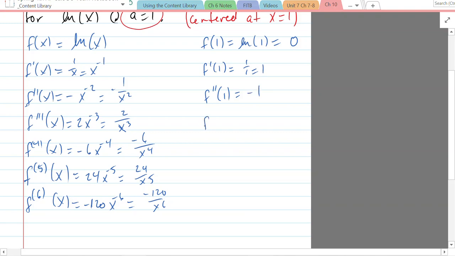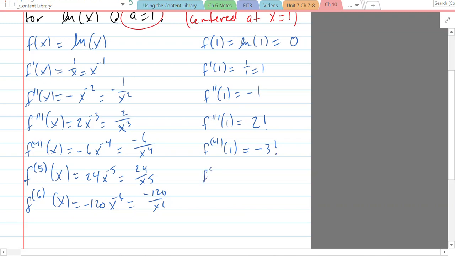And my third derivative, evaluated at 1, is 2 over 1, which is just 2. I'll go ahead and tell you, it's 2 factorial. All right, and this is 1 factorial, but then it gets interesting. So notice I've got the fourth derivative at 1 is equal to negative 6, so that's negative 3 factorial.